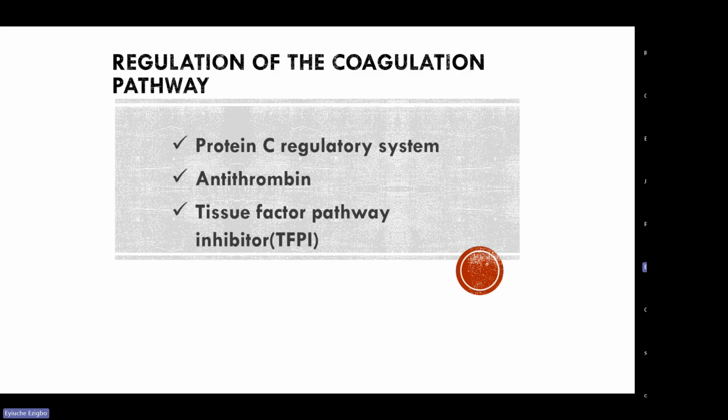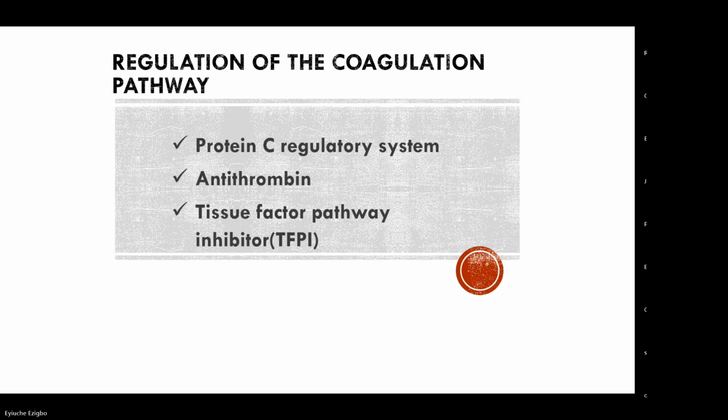Okay, so the coagulation mechanism does not go on indefinitely without being regulated. Once the process of coagulation has been initiated, it has to be regulated so that the clotting will not continue. If it is allowed to continue, it may obstruct the blood vessels.